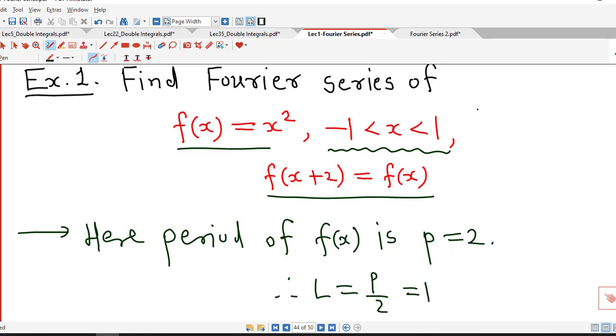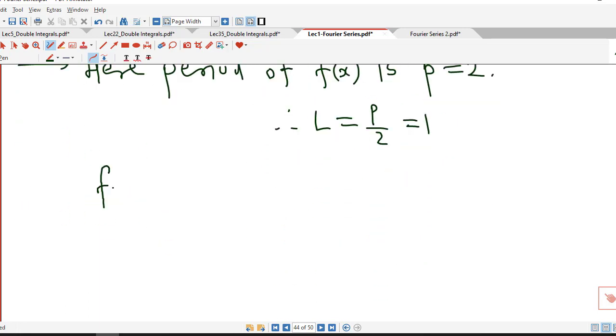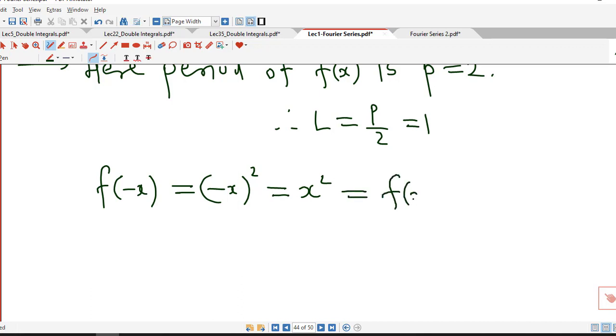So we can compare with minus L to L. Here L is 1, and we know that x square is even function, or we can write down f(-x) is (-x) whole square, that is x square, which is equal to f(x) for all x.